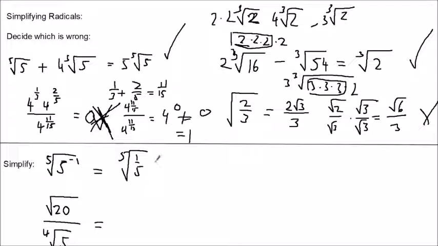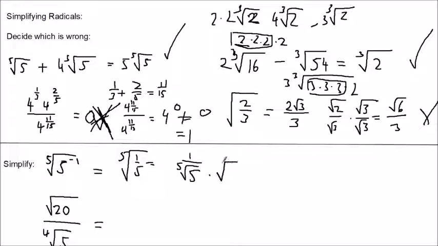And then we have to rationalize the denominator. That's equal to 1 stays there, and then that's the fifth root of 5. In order to get the bottom to be rationalized, you only got one 5 in there. You need 4 more 5s.